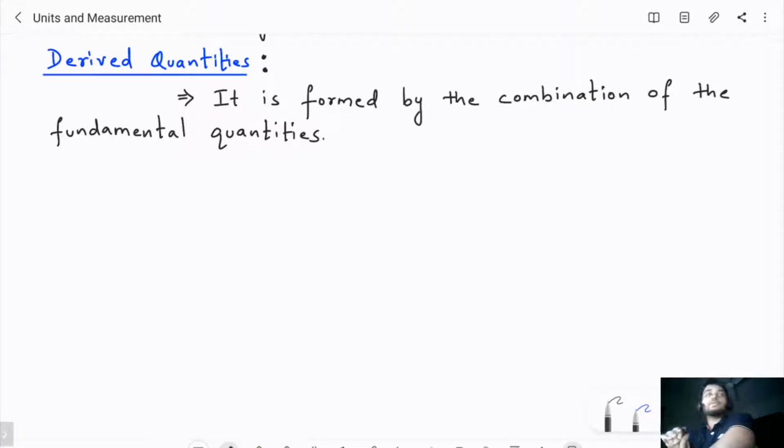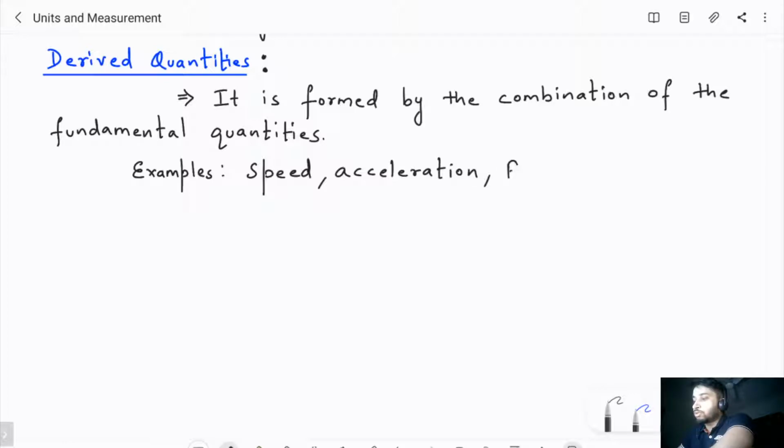So basically, apart from the 7 fundamental quantities, any other physical quantity that you can think of is a derived quantity. Examples we have speed, acceleration, force, energy, etc.